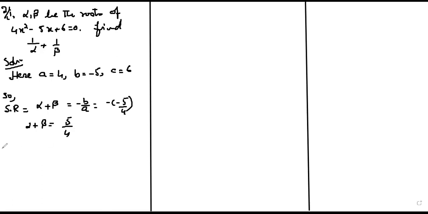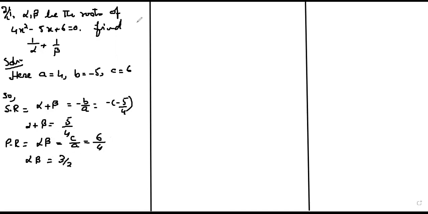Right? And now product of the roots will be equals to alpha times beta, which is equals to c over a, which is equals to 6 over 4, which is equals to 3 over 2.